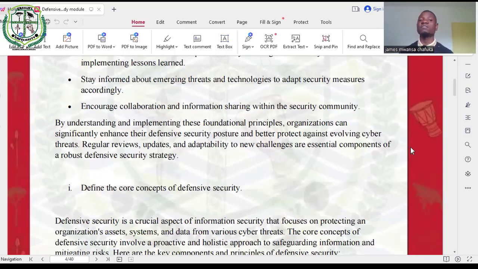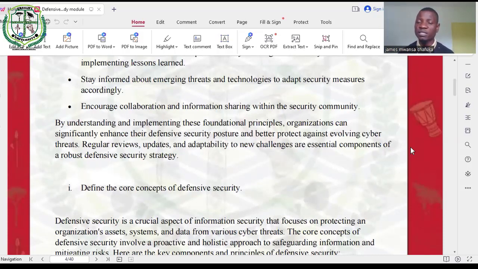So the point is that by understanding and implementing these foundation principles, organizations can significantly enhance their defensive security posture and better protect their systems against evolving cyber threats. Regular review, updates and adaptability to new challenges are essential components of a robust defensive strategy.